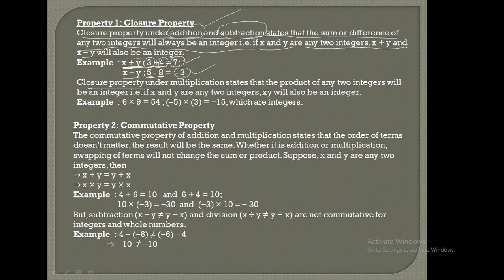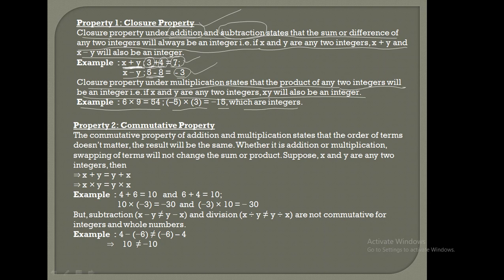Now, the closure property under multiplication states that the product of any two integers will be an integer. That is, if x and y are any two integers, xy will also be an integer. For example, 6 into 9 equals 54, and minus 5 into 3 equals minus 15, which are integers.